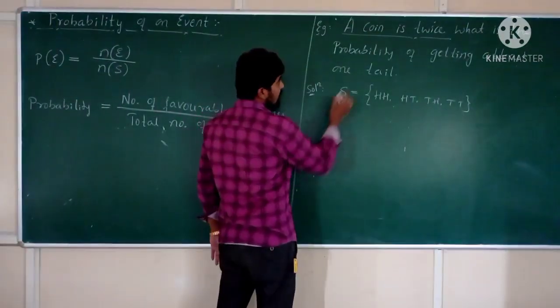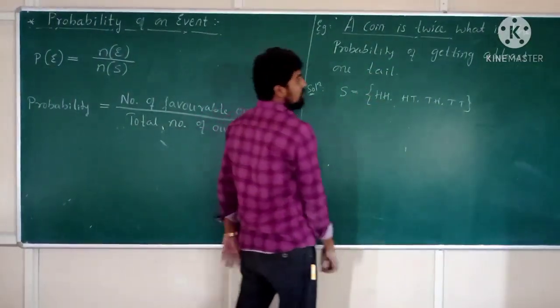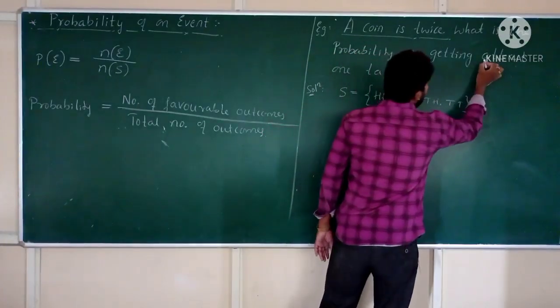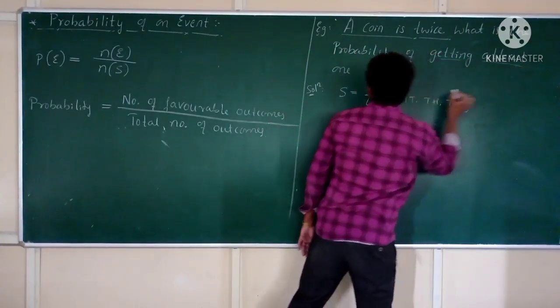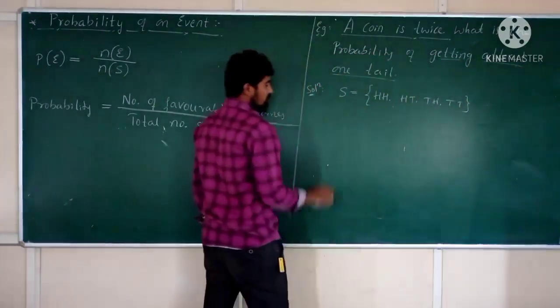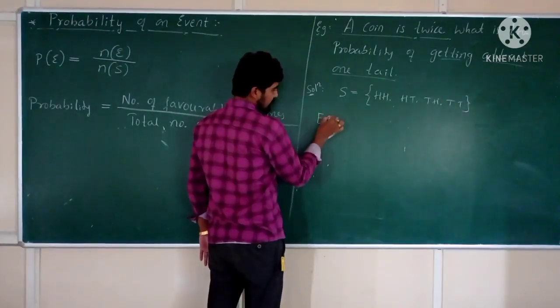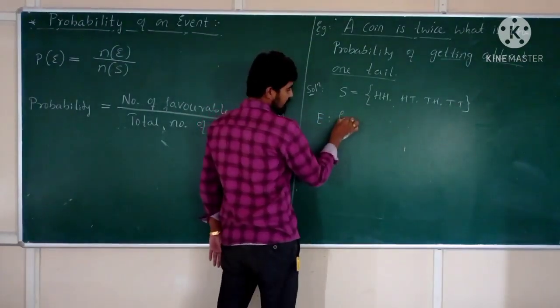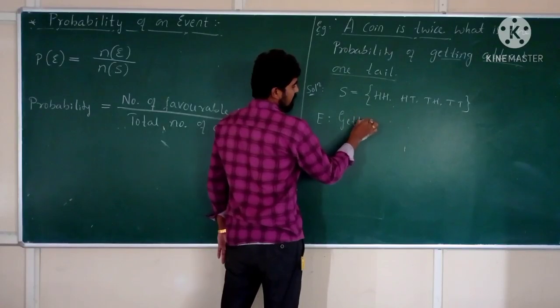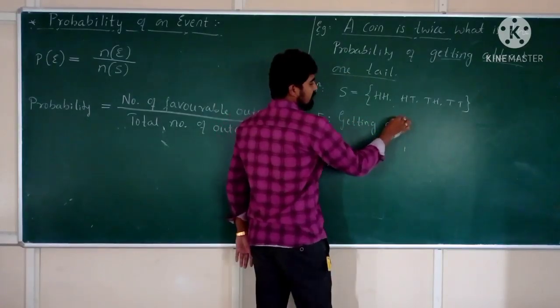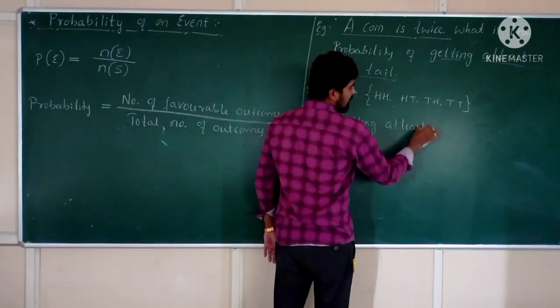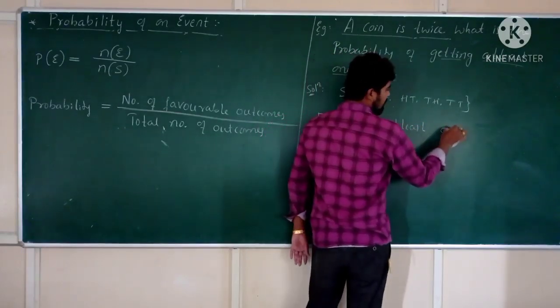Therefore, we need to find out the probability of which event here? Getting at least one tail. Therefore, let us define the event E. E event is defined by getting at least one tail.